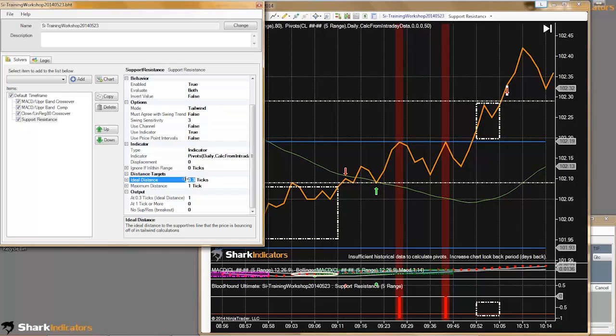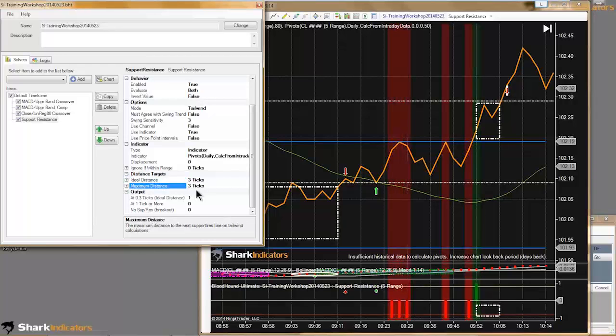How about if we look for just a simple 3-tick distance.